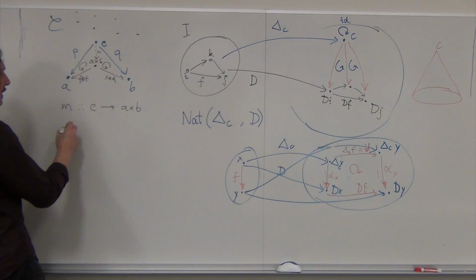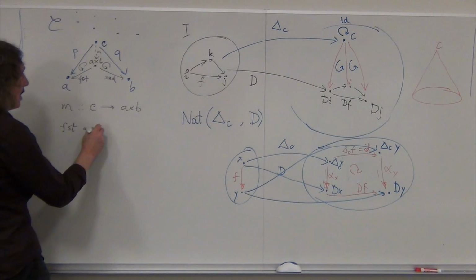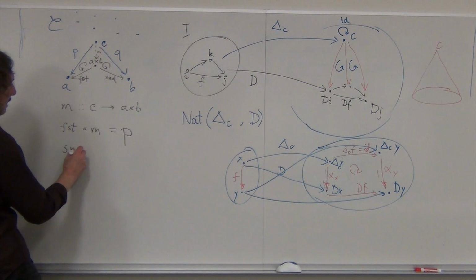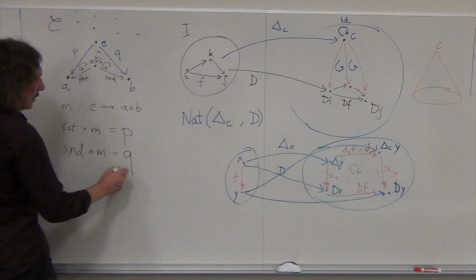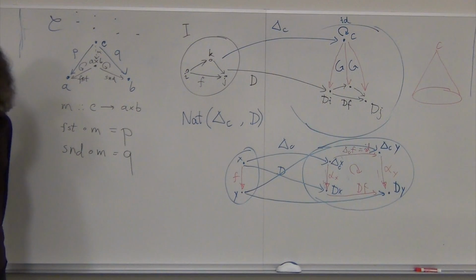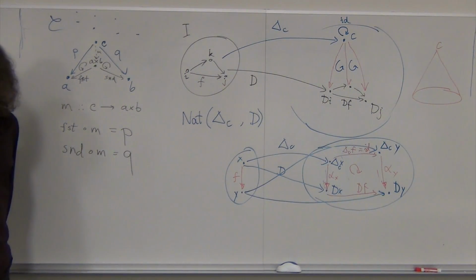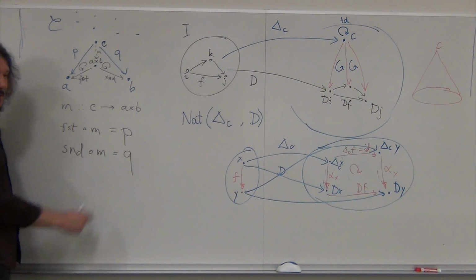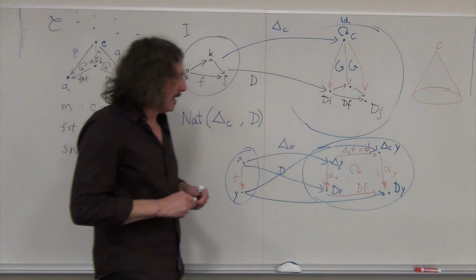So we have the condition that first after M must be equal to P, and second after M must be equal to Q, which we said kind of looks like factorizing numbers. These two numbers have a common factor M. First times M equals P, and second times M equals Q. So this is a factorization. We are factorizing these projections.